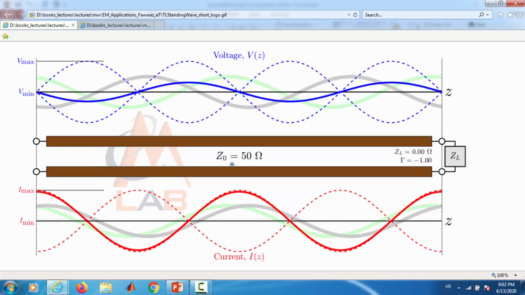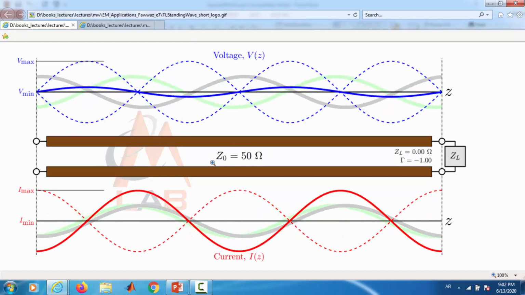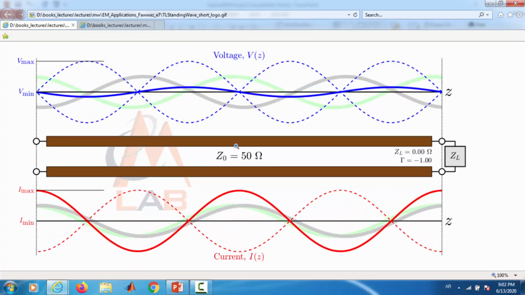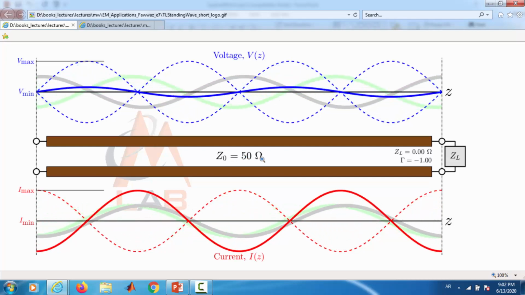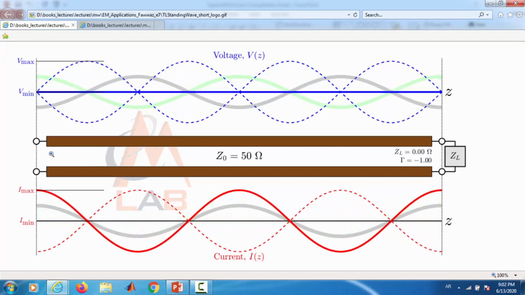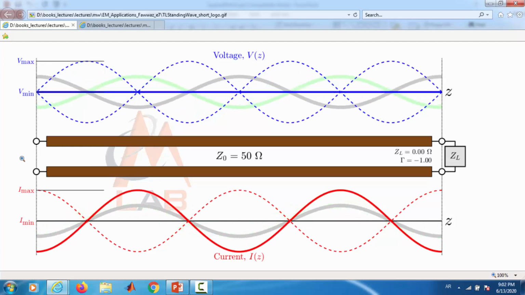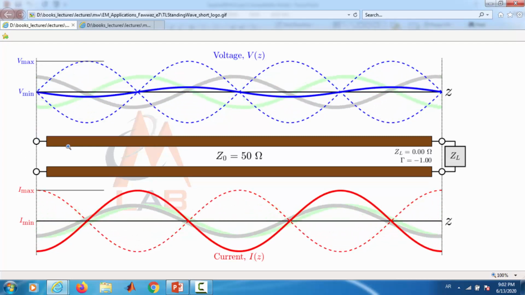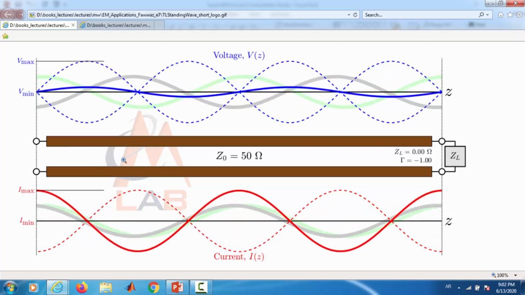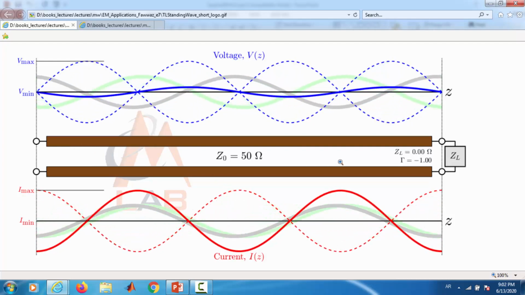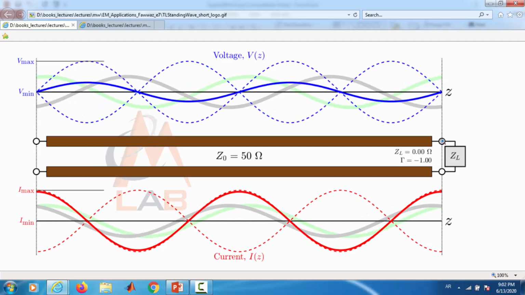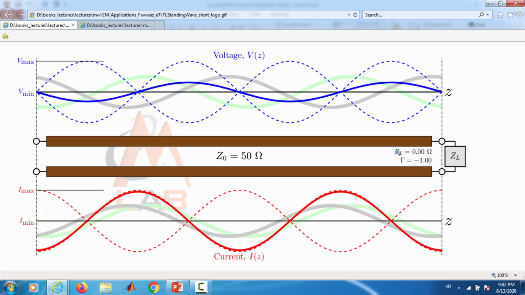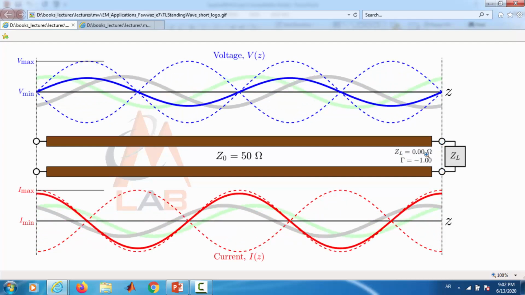Here, with this animation, we have a transmission line with a characteristic impedance equal to 50 ohm, and there is an electrical signal applied on this transmission line. This transmission line is terminated by a short circuit, so its impedance equals 0 ohm.